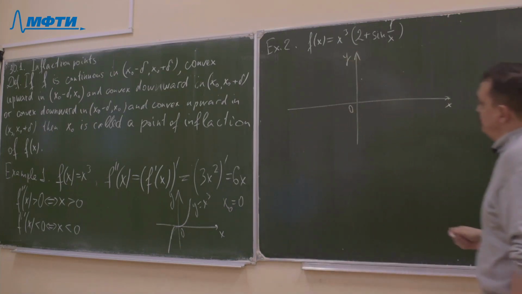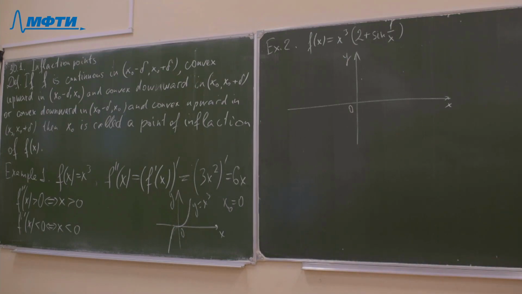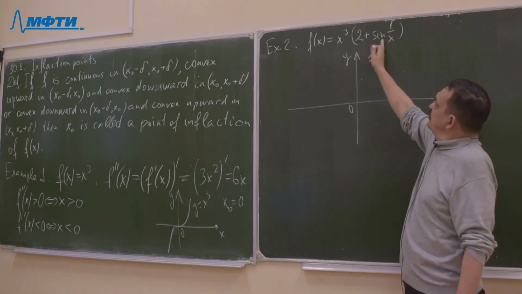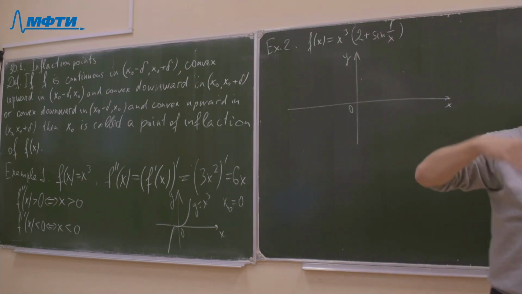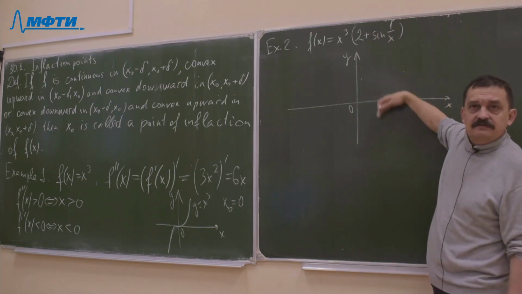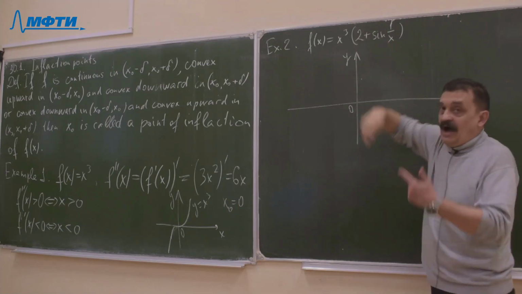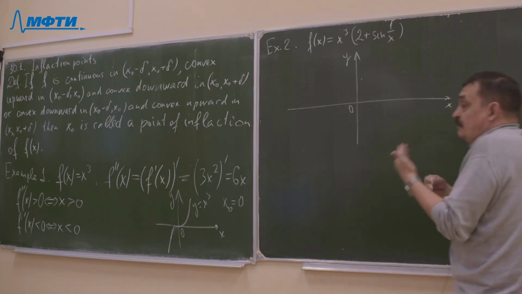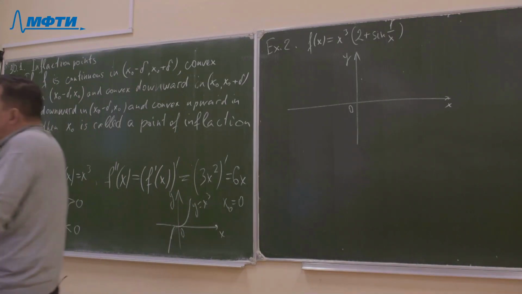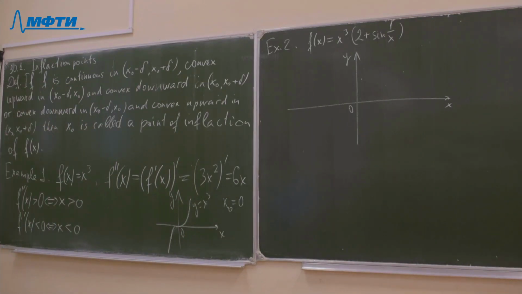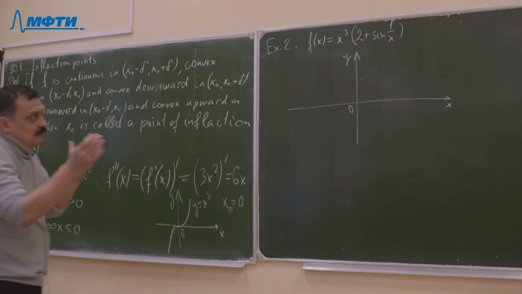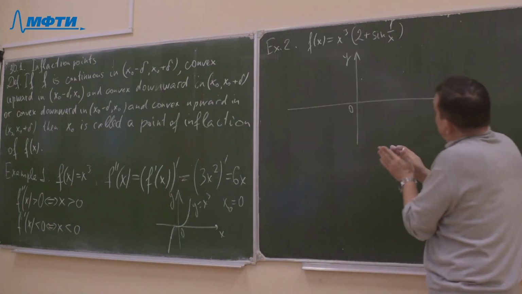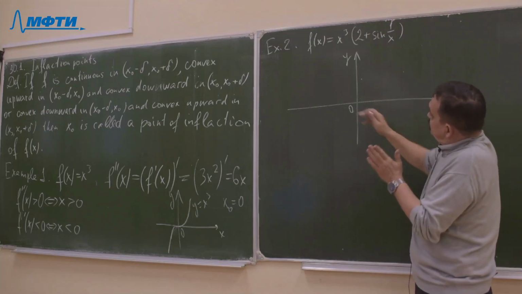easily by the picture. So we know how 2 plus sine 1 over x looks. Sine 1 over x oscillates between -1 and 1, and oscillations are more dense when we approach the origin, x equals 0.